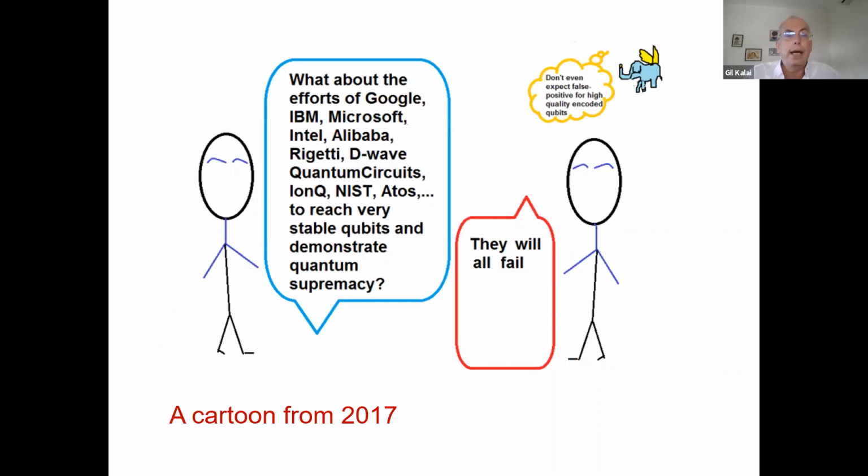Here is a cartoon from 2017 that more or less explains my position. What about the efforts of Google, IBM, Microsoft, Intel, Alibaba, and so on? Many groups, both in industry and in academia, in universities or other institutions, are trying to reach very stable qubits and demonstrate quantum supremacy.